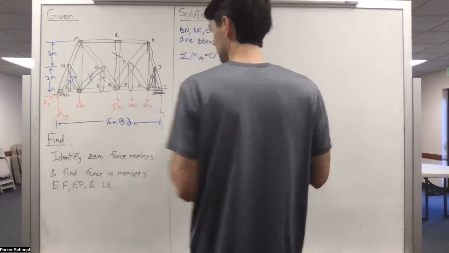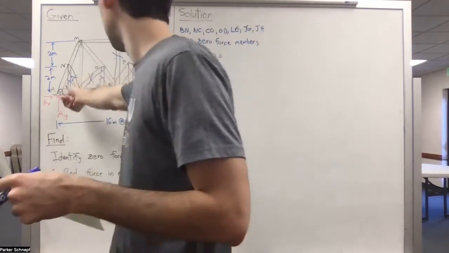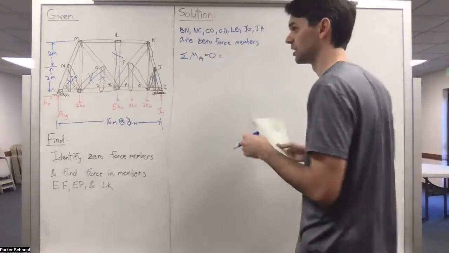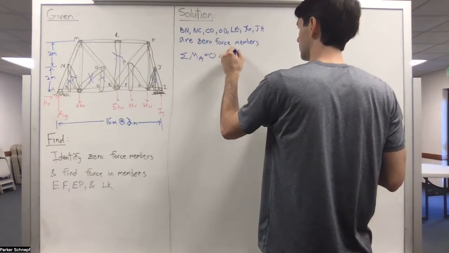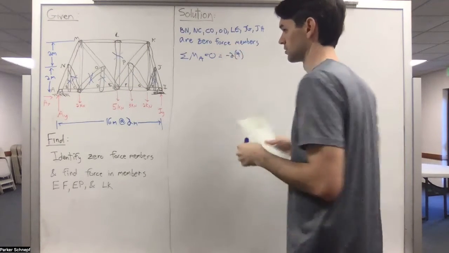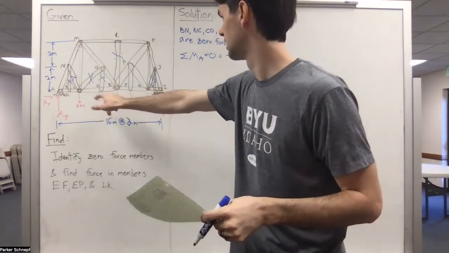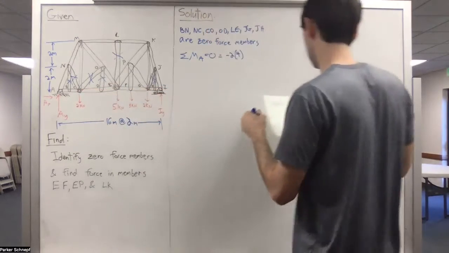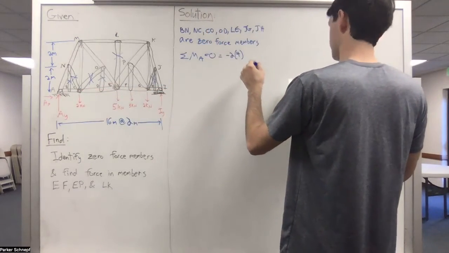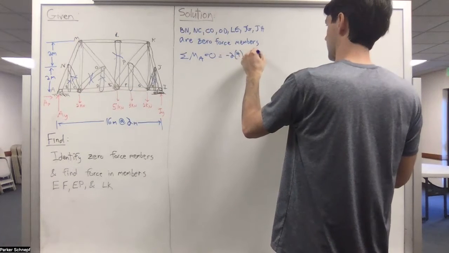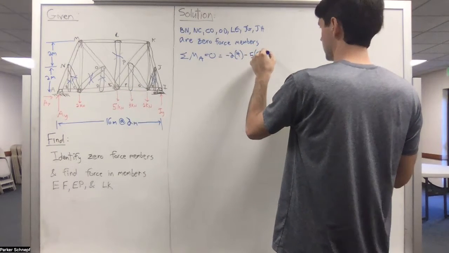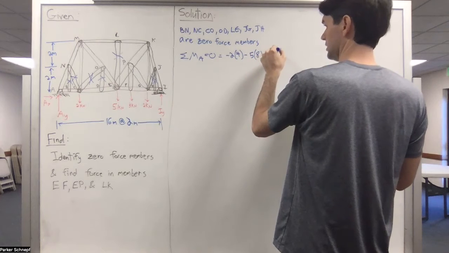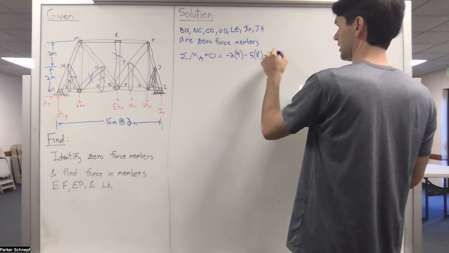So we get -2, that's negative, so -2 times 4, -5 times 8, -3 times 10.